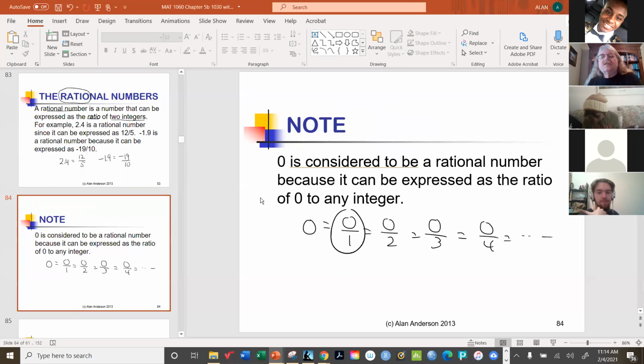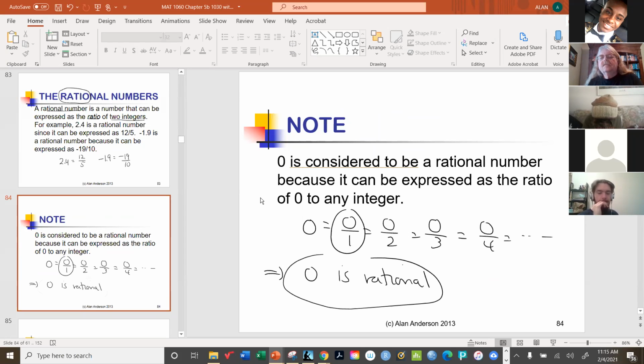So you can see this is a ratio of two integers, and therefore 0 is rational. All right, so just be aware that 0 itself is considered to be rational.